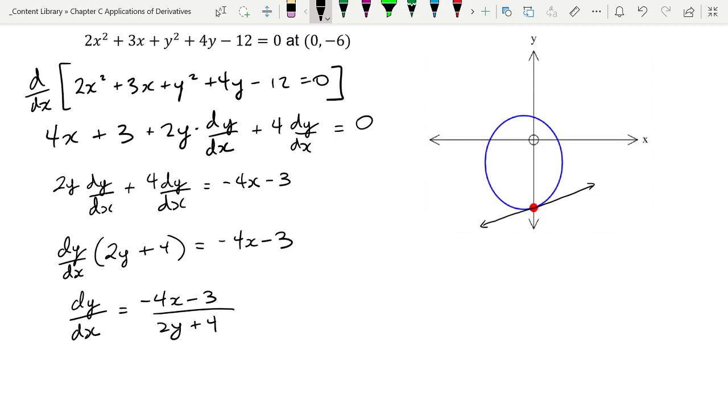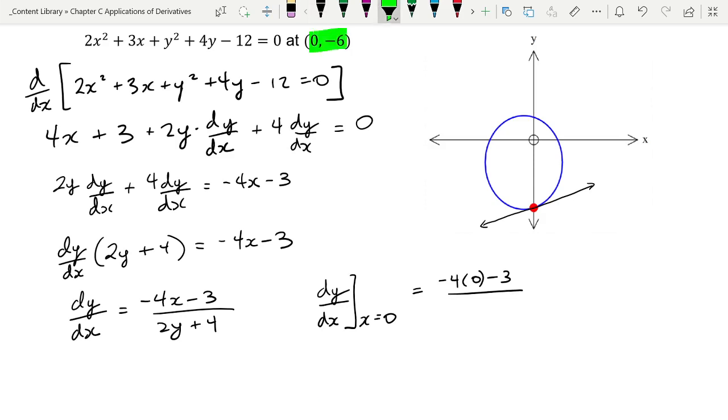So now I want dy/dx when x is equal to 0, right? Because as you can see up here, 0 is the spot that we're looking for. So this thing here has an x of 0, which makes this negative 4 times 0 minus 3. And oh, right, of course, y is negative 6 when x is 0.